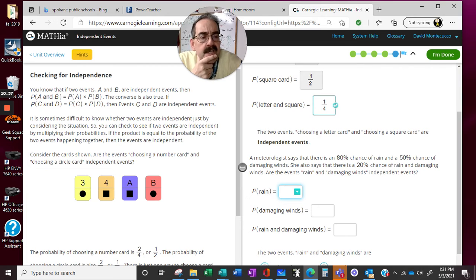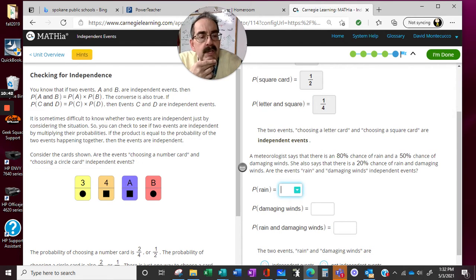Meteorologist said 80% chance of rain, 50% chance of damaging winds. She also says there's 20% of rain and damaging winds. Are the events of rain and damaging wind independent? Chance of rain, 0.8.